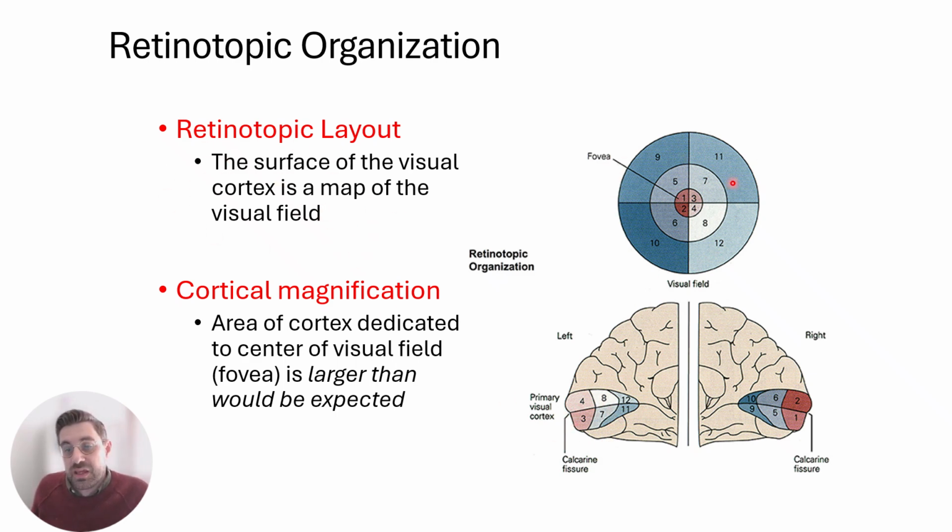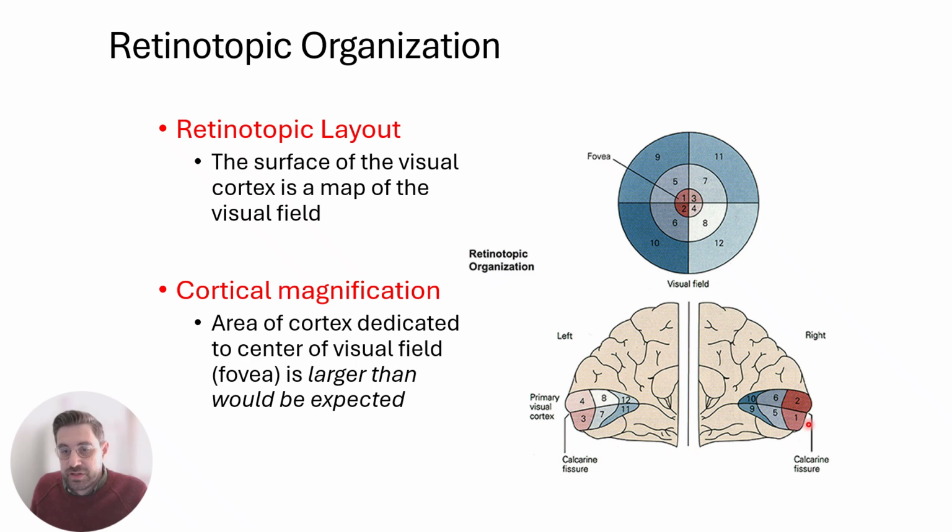Depending on where the signal hits my retina, there's a designated spot of the cerebral cortex, of the occipital lobe. Another interesting phenomenon is cortical magnification, where the area of the cortex dedicated to the center, or the fovea, is larger than you would expect.